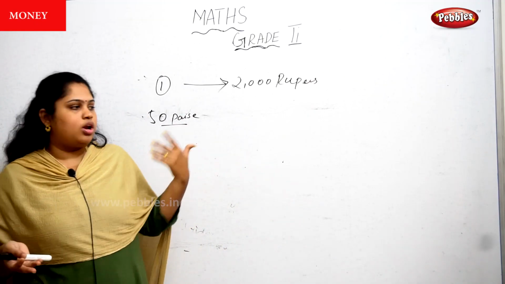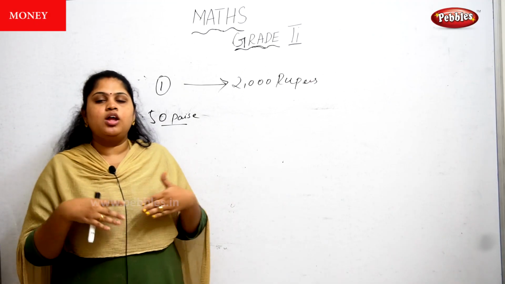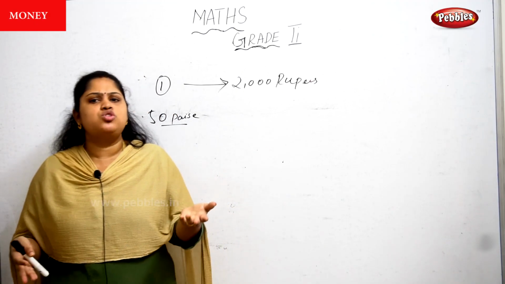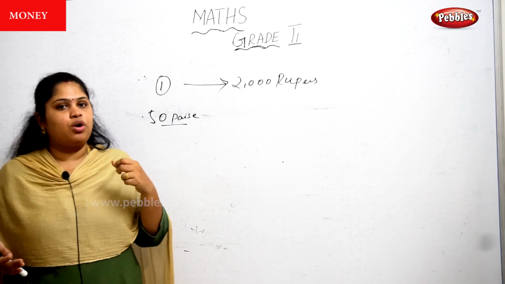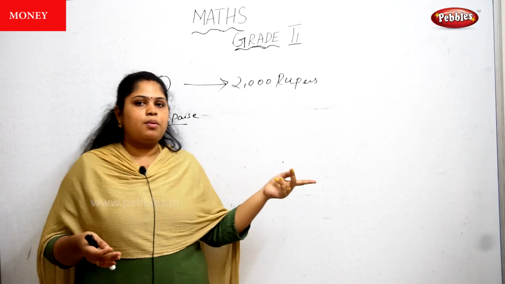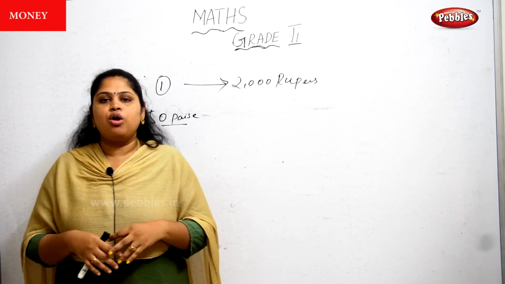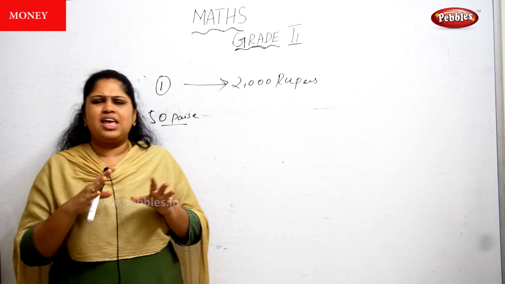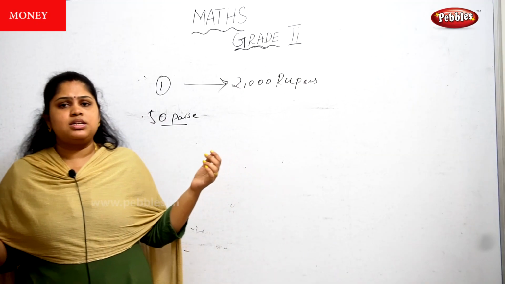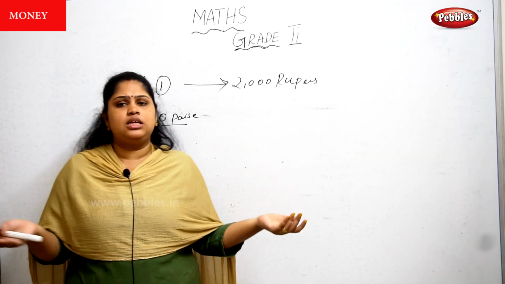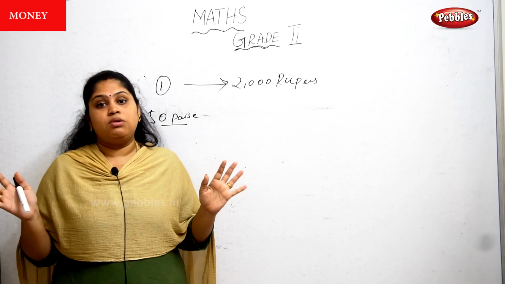If I have 2 chocolates and my friend has 2 chocolates, when I put them together how many chocolates do I have in total? It's 4 chocolates. The same thing, instead of chocolate I have a 1 rupee coin. I have two 1 rupee coins and my friend also has two 1 rupee coins. When I put them together there will be four 1 rupee coins. So this is the same calculation. Instead of chocolate, you represent it as rupees. Instead of ice cream, you represent it as rupees. The same calculation method.